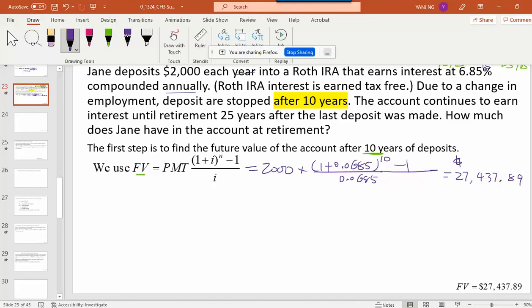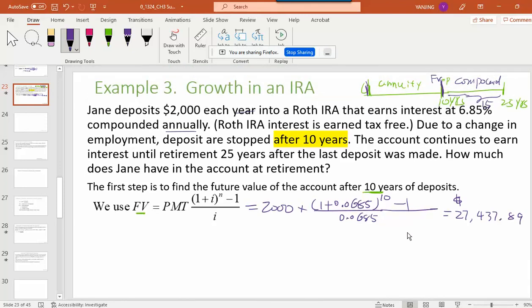So after this, what happened? After this 27,437.89, after reaching the 10 years, she doesn't deposit anymore. So this becomes just the regular compound, from 10 to 25 years, the second part. From 10 years to 25 years, the T here is 15, which is 25 minus 10. This is a regular compound, not an annuity anymore.